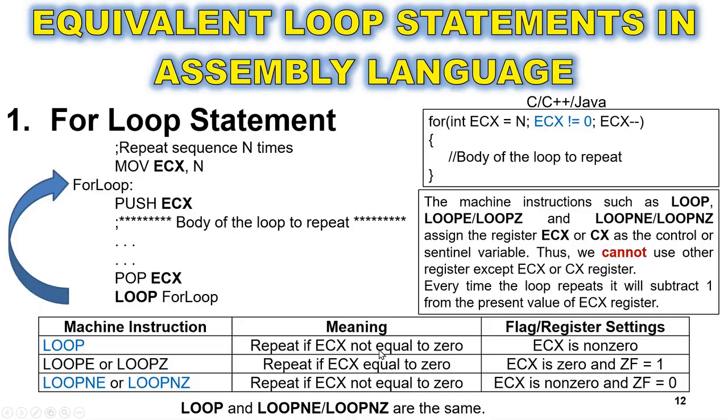It will keep jumping to this label, repeating a couple of times, as long as the present value of ECX is not equal to 0. By the time the value of ECX becomes 0, that's when it will stop repeating the loop.